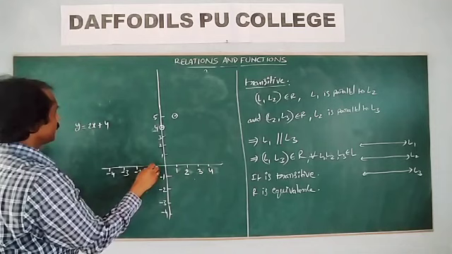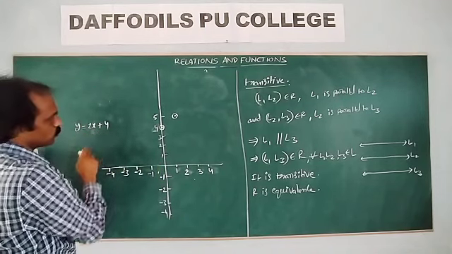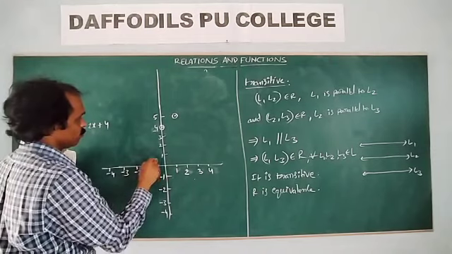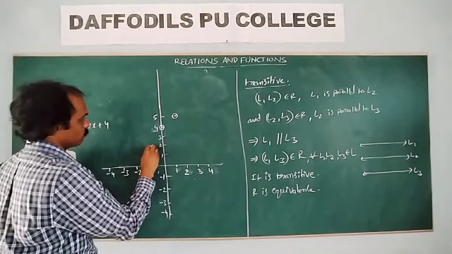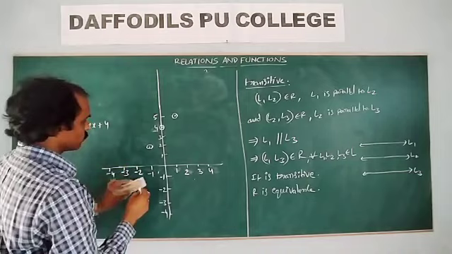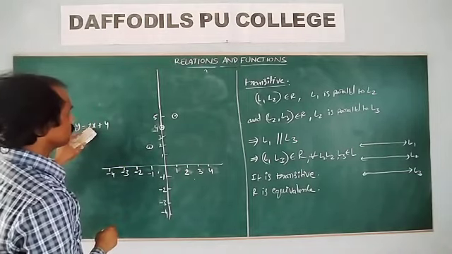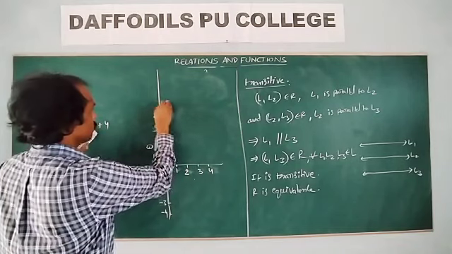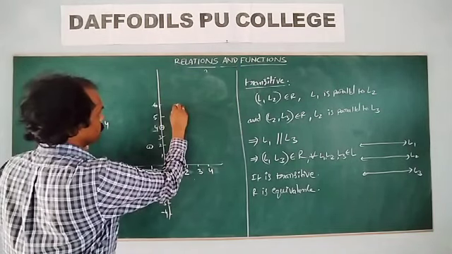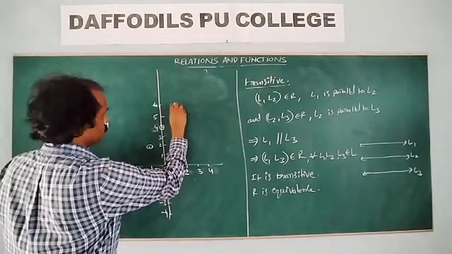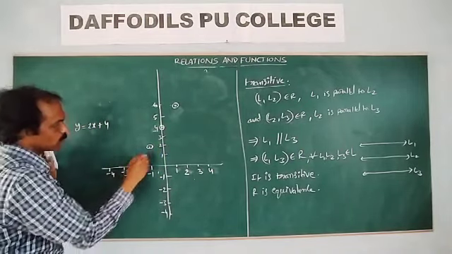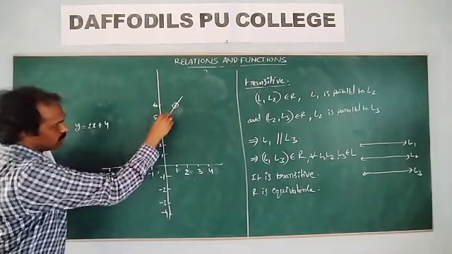X is equal to minus 2, 0. This is the line.